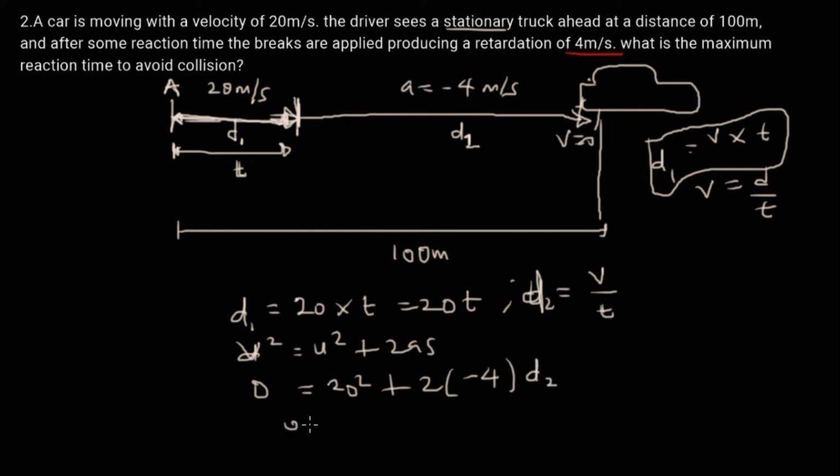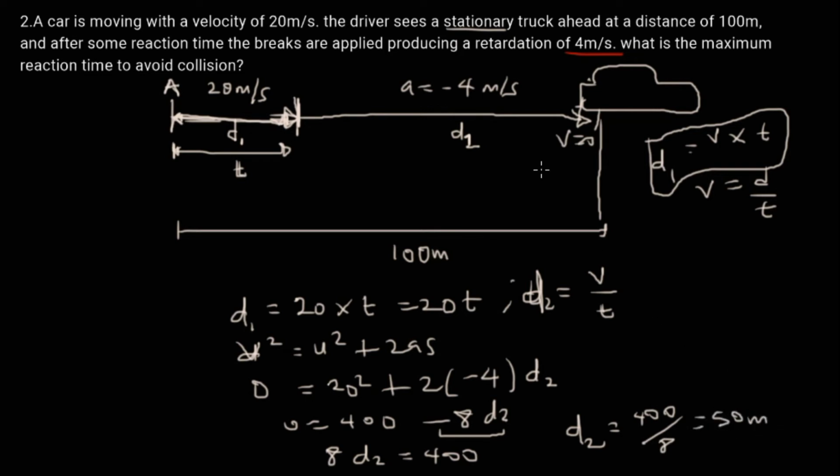So this is 0 equals 400 minus 8d2, which if I take this to the other side of the equation, I'll have 8d2 equals 400. So d2 is equal to 400 divided by 8.